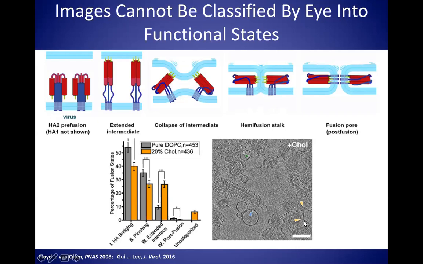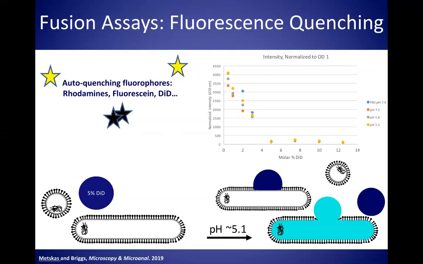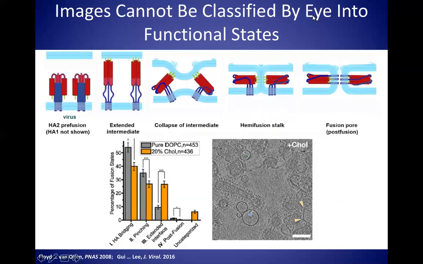The difficulty is that these morphologies don't look like what we expected them to look like from the kinetic schemes. And so we added more pieces to the puzzle. We still can't put together a movie of how this fusion looks.